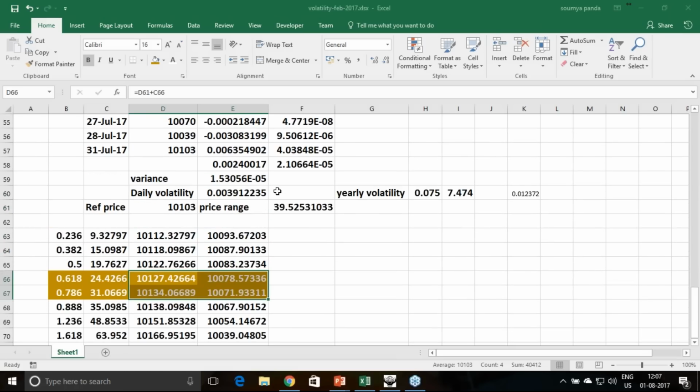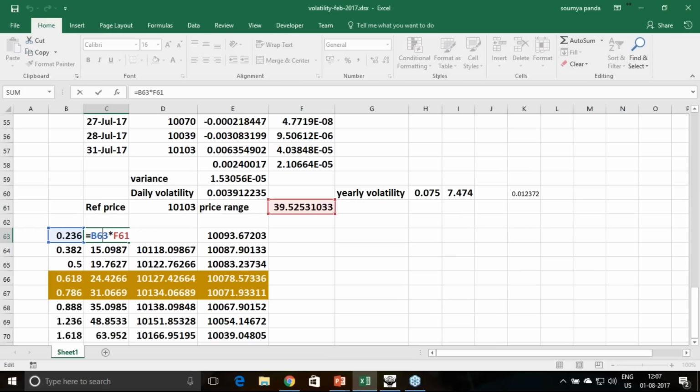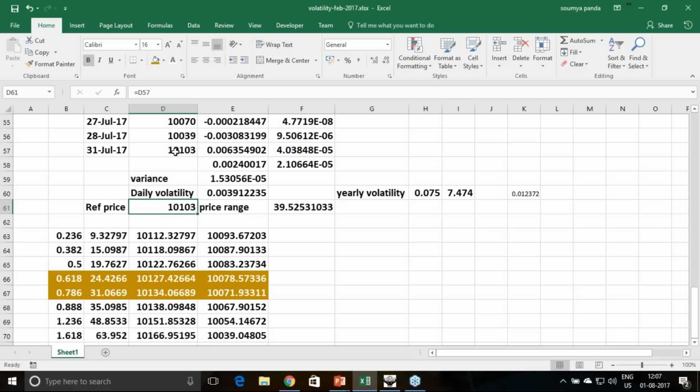Now coming back to our method. So we got 39 points. This 39.52 price range will be multiplied with 0.236 and 0.382, all the Fibonacci ratios. I will get the respective Fibonacci price ranges. Then I have taken the reference price of 31st July.